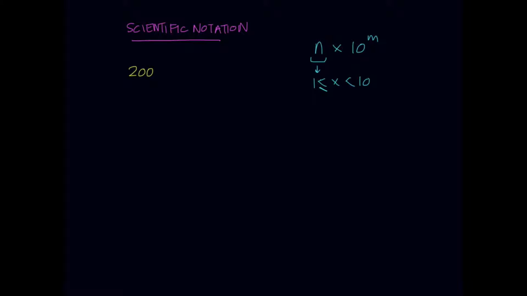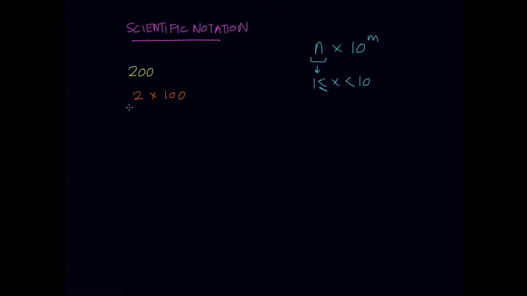Let's take a look. For 200, in order to represent that in scientific notation, we need to make 200 a product of two numbers, one of them being 10 to the power of something. So 200 can also be written as 2 times 100.